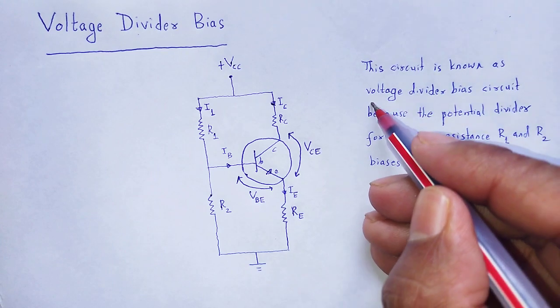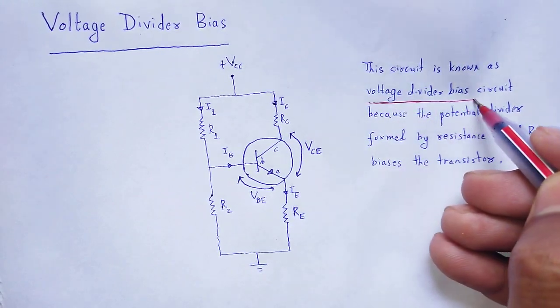That circuit we call as voltage divider bias circuit.